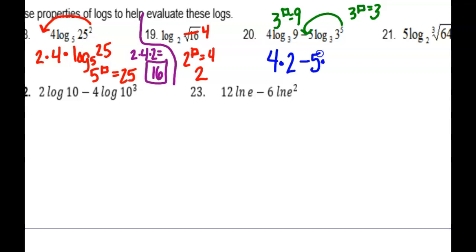Minus 5 times, what was log base 3? Oh, whoa, whoa. There's a 5 we got to move out there too, right? 2 5s. There's this 5 and this 5 up here. And then what is 3 to what power is 3? That's just a 1. So that becomes 8 minus 25 or negative 17.